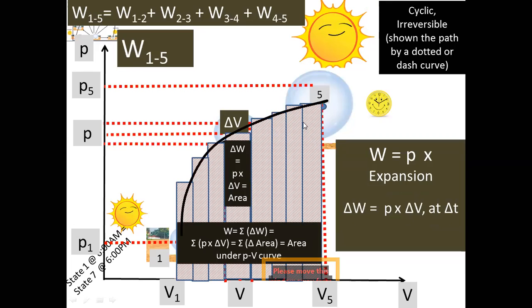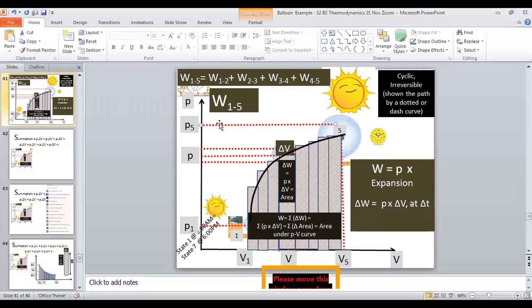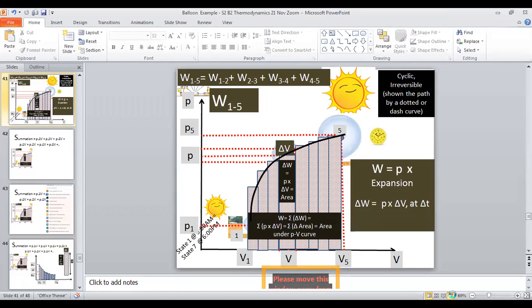Total work done means the total area of the strips, the summation of pressure times delta V for different P and delta V segments.